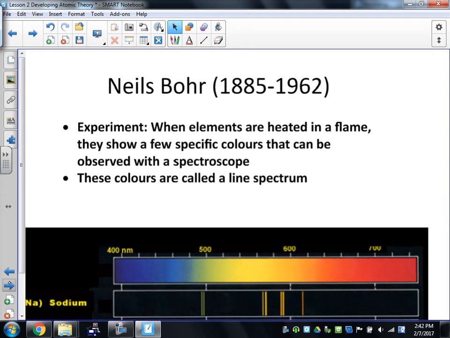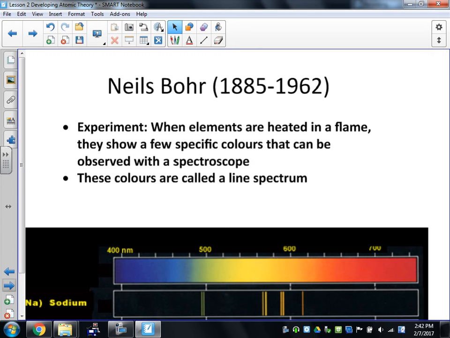And finally, Niels Bohr, 1885 to 1962. 1962 wasn't that long ago, right? His experiment: when you heat elements in a flame, they show a few specific colors that can be observed with a spectroscope.